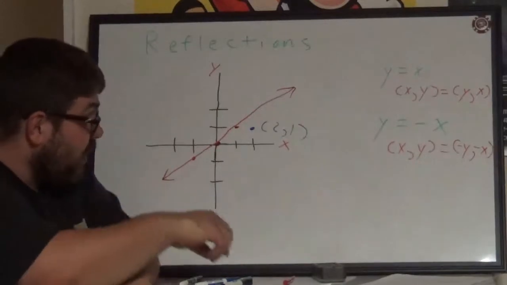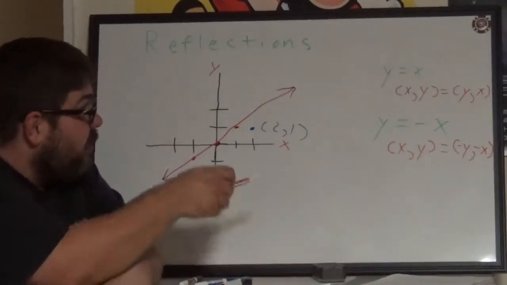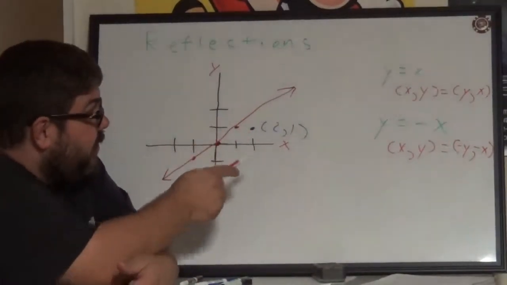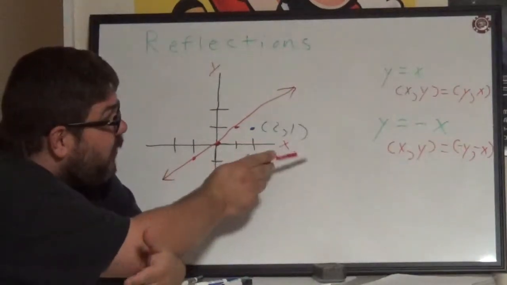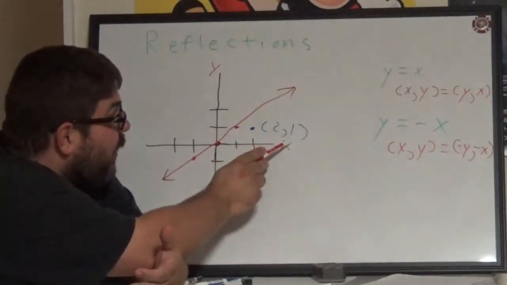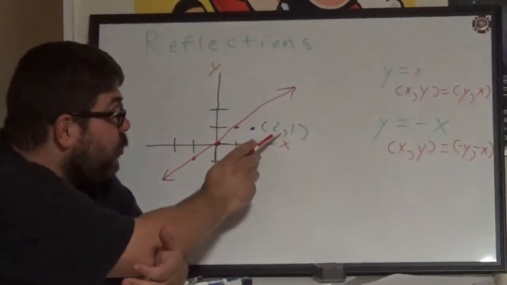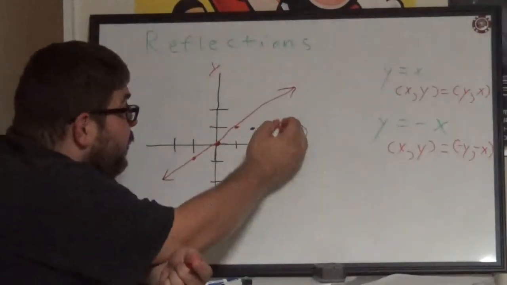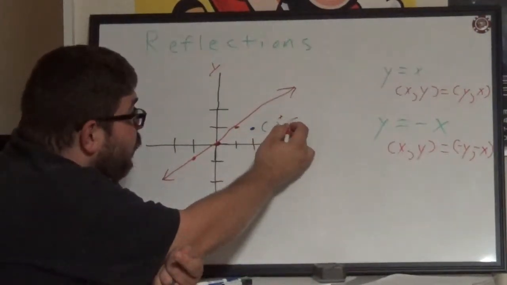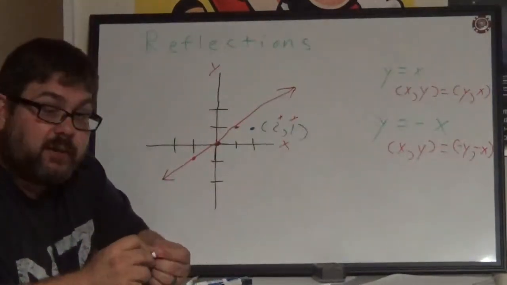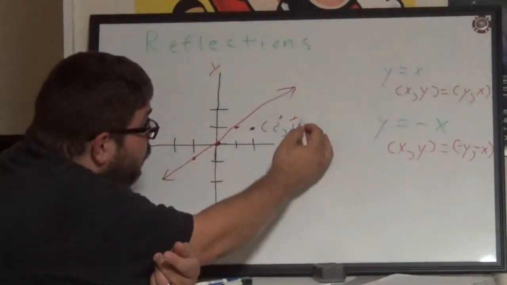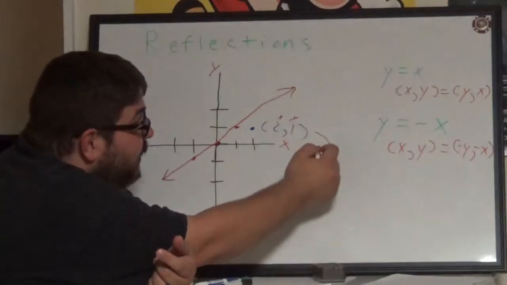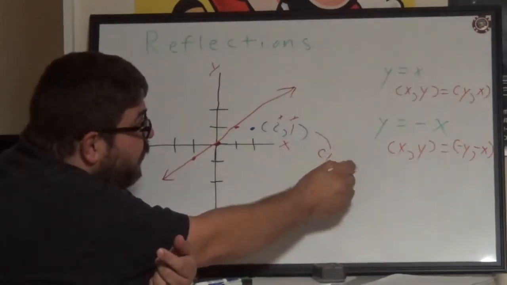So in this case, our rule says that we flip x, y, which in this case is 2, 1. That's our x and our y. And we flip that and turn it into y, x, which just means that we flip the order of the two numbers.